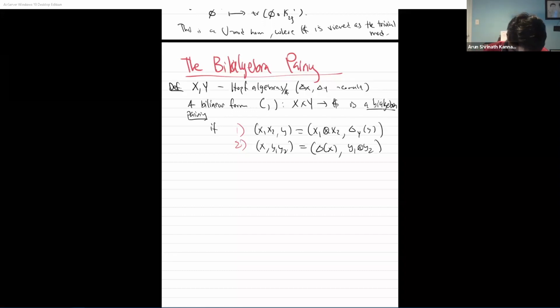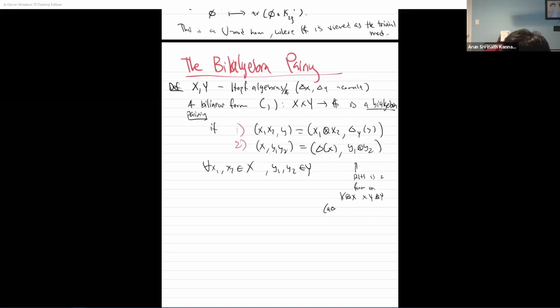Okay, and what do I mean by the right-hand side? I should be more specific here. So x1, x2 are elements of X and y1, y2 are elements of Y. And the right-hand side here is a form on X tensor X cross Y tensor Y. It's just defining it as the product of the individual pieces.